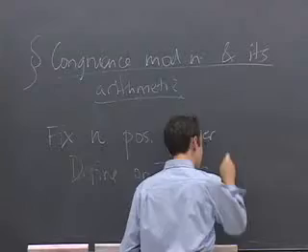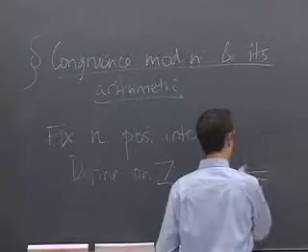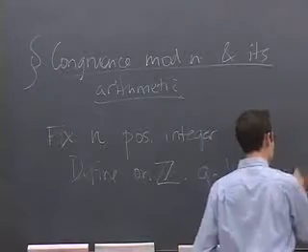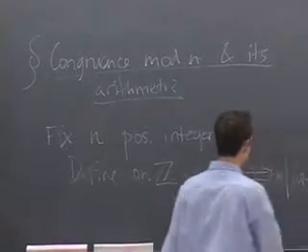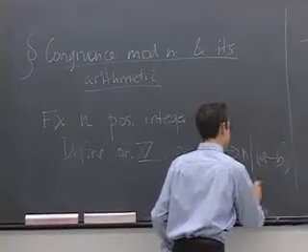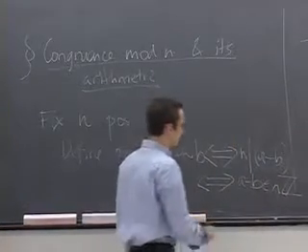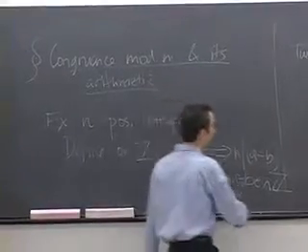The relation is going to be a is related to b if and only if n divides a minus b. Or put another way, a minus b is in nZ, the subgroup nZ of the integers, which is just the set of multiples of n.